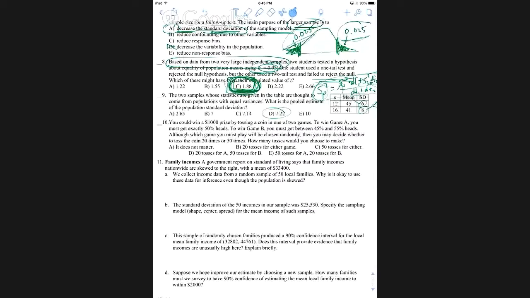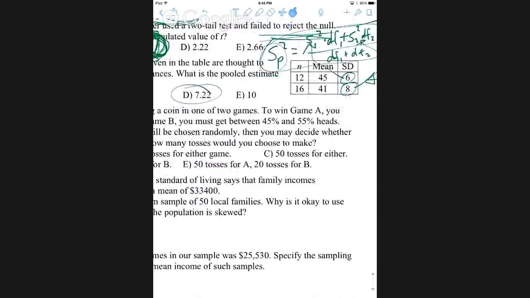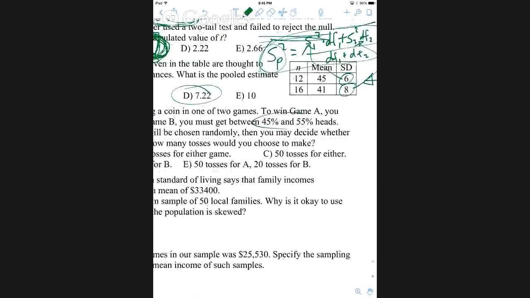Well, if I was playing these games, I would definitely choose to toss 50 for B. The reason is that between 45 and 55 is kind of like a confidence interval, right? The law of large numbers states that as I increase the number of samples, I should get closer to the true proportion.